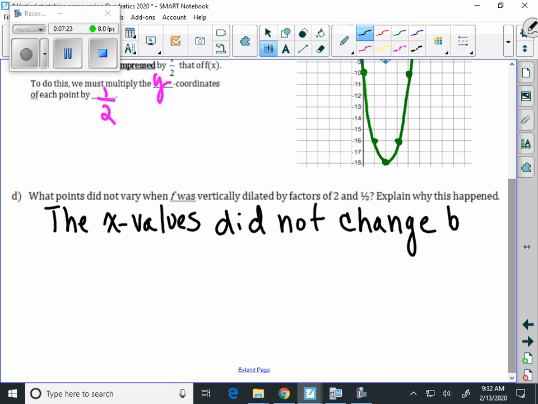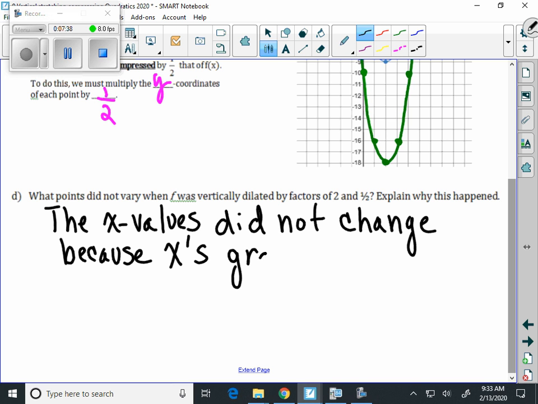because x's graph in a horizontal direction.